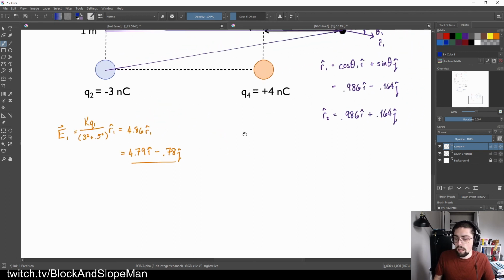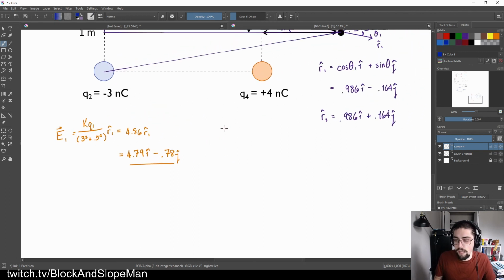So I can say, let me do it up here. Now E2 is going to be K Q2 over, same thing as before, should have this as 3 squared plus 0.5 squared times R2 hat.